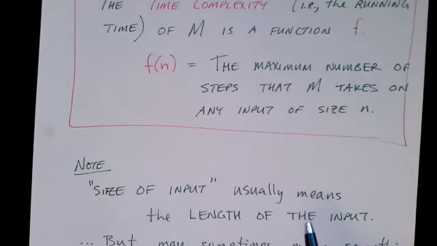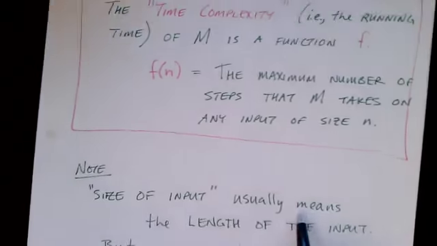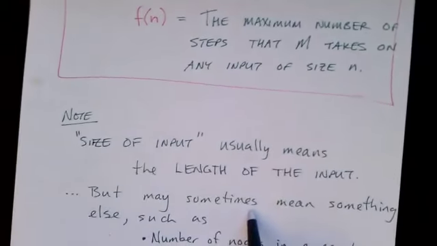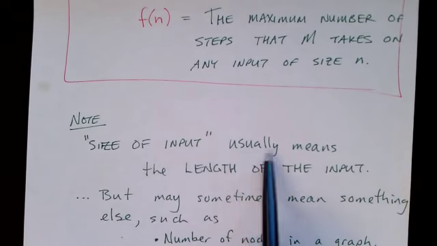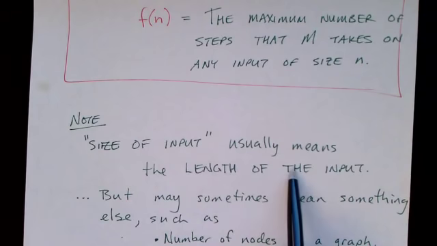Now, we're talking about Turing machines, and for a Turing machine, the input size is just the number of cells on the tape. So the size of the input generally means the length of an input.